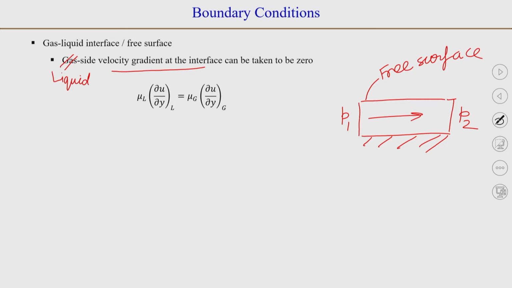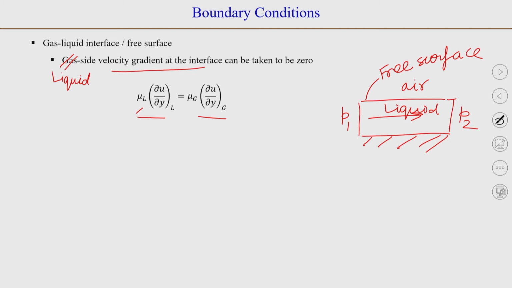Now, at this interface there is air on top and the liquid in the channel. So, we can write the continuity of viscous shear stress.